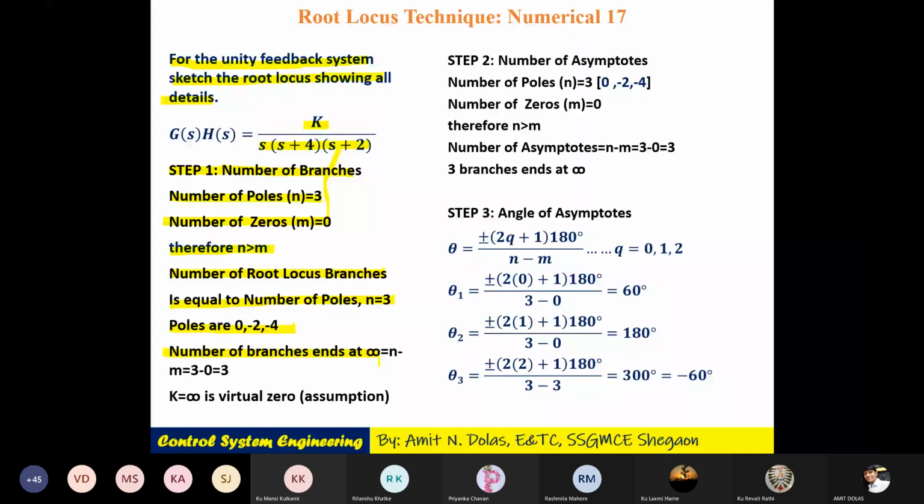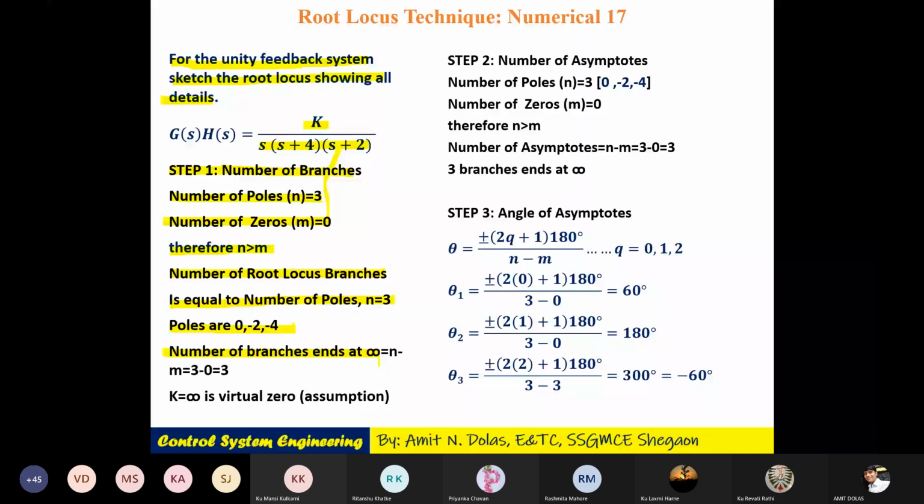Then breakaway point. What do we do for the breakaway point? Please remember the steps. We put the characteristic equation, that is 1 plus G(s)H(s) is equal to 0. After putting this, we take the equation in the form of k, then we differentiate k with respect to s.